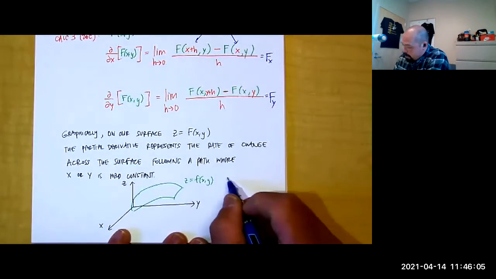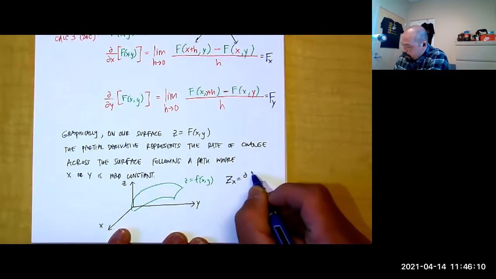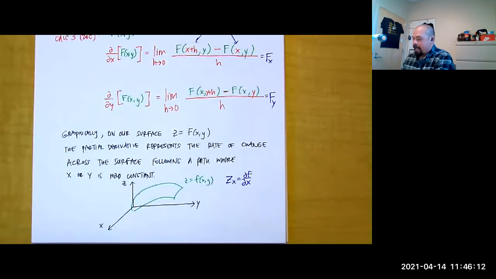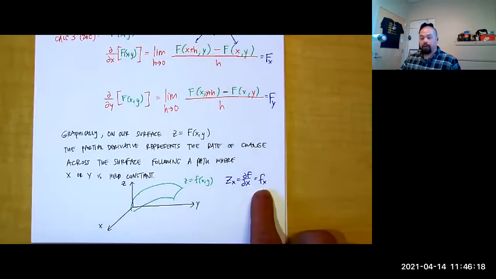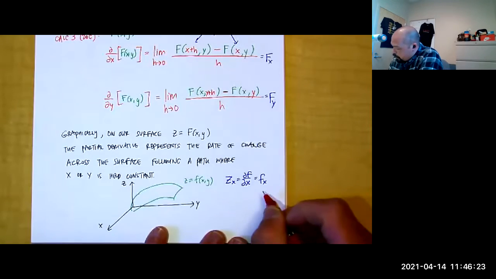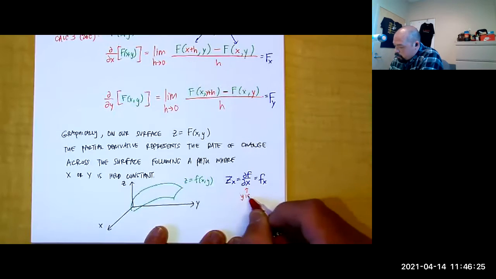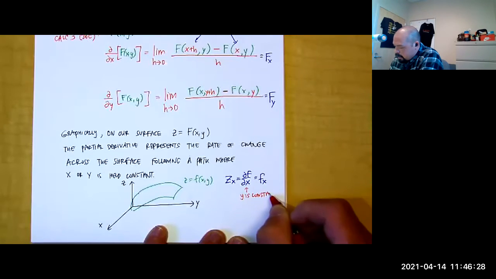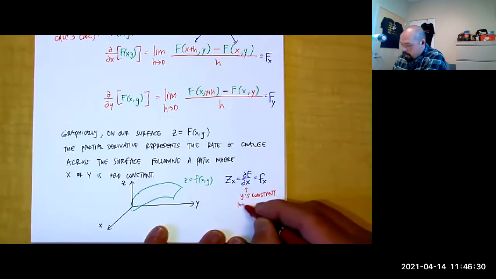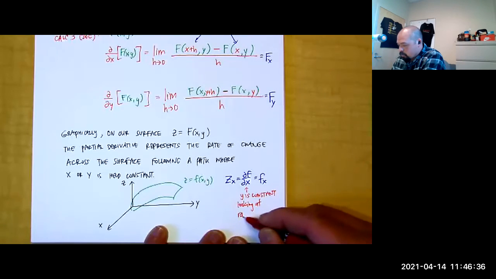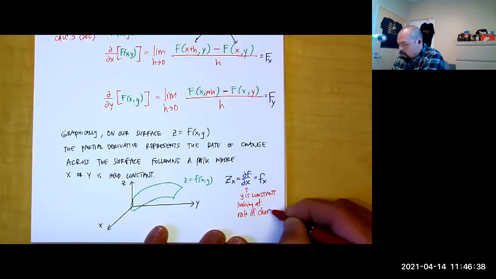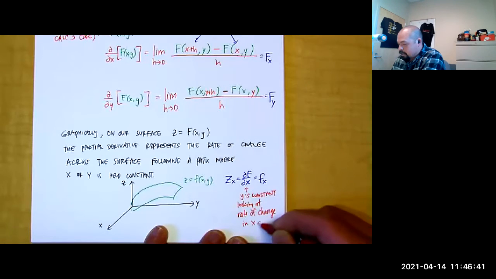So when I look at my z sub x, or df/dx, or f sub x, looking at these different notations, taking the derivative of that function with respect to x, that notation means that y is constant, and we're looking for that rate of change, that slope, in the x direction.